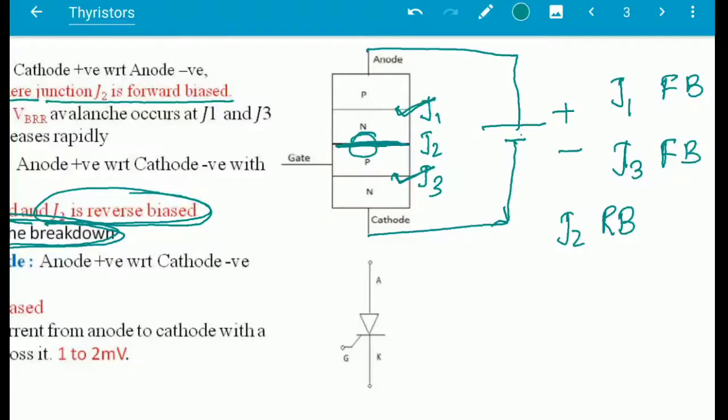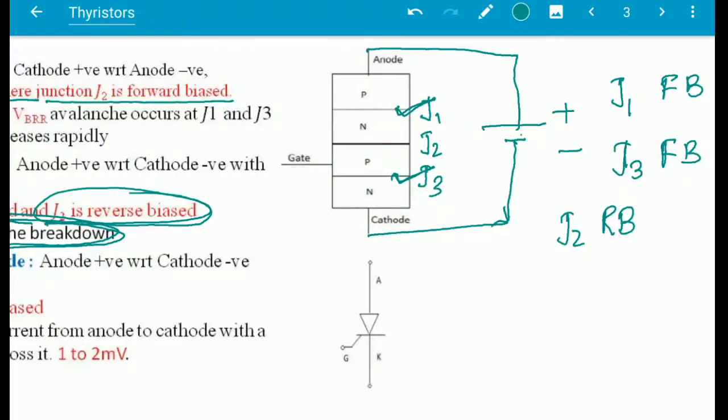So how can we do that? If we supply a positive supply to this P, then the depletion region around J2, suppose this is the depletion region, the width of the depletion region will decrease and it will start conducting.